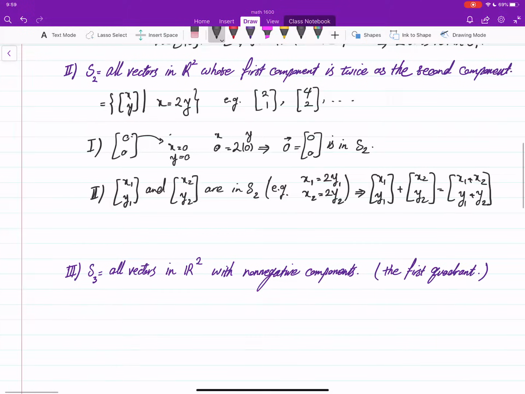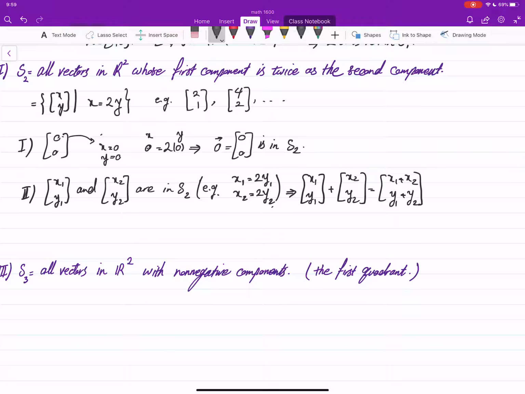has the first component twice the second component. Well, you see that if I add these equations, I'll get x1 plus x2 is going to be 2y1 plus 2y2, which is the same thing as 2 times (y1 plus y2). This is the first component of the addition.